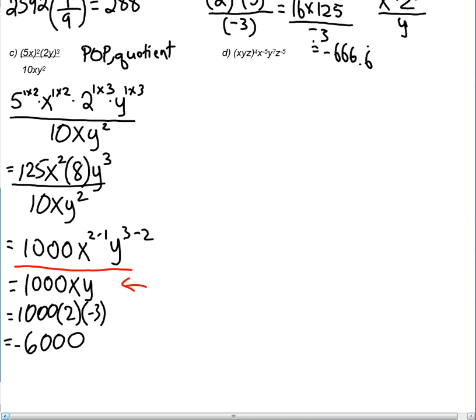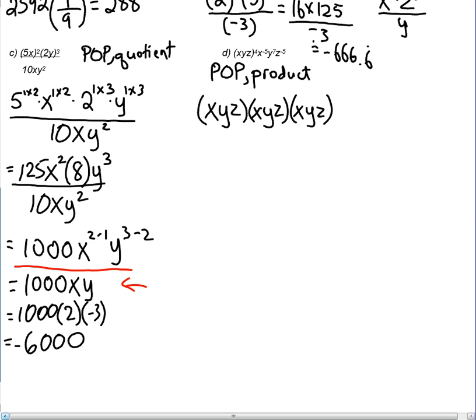All right, in our last one here, we have x, y, and z appearing twice. So here in the first part, we have power of a power, followed by the product law. Okay, so we have x, y, z. If I was to actually show this with the definition of an exponent, I would have 4 factors of x, y, z, which is very tedious to write.